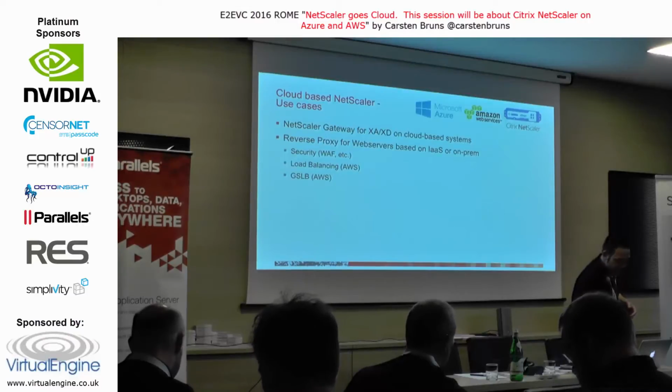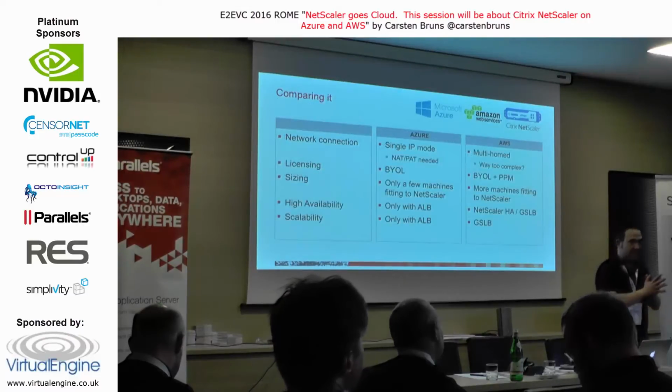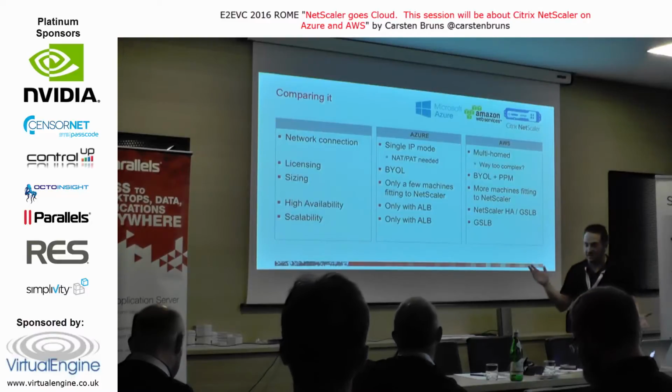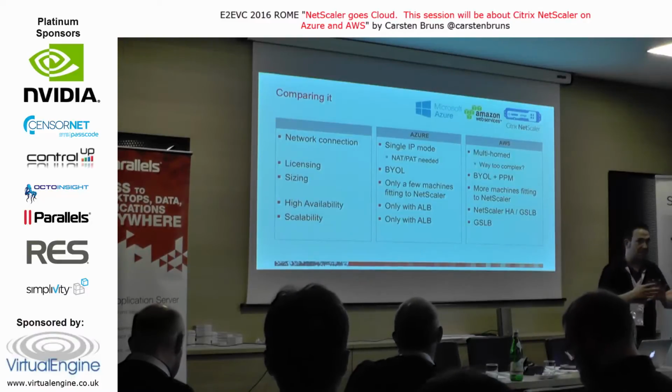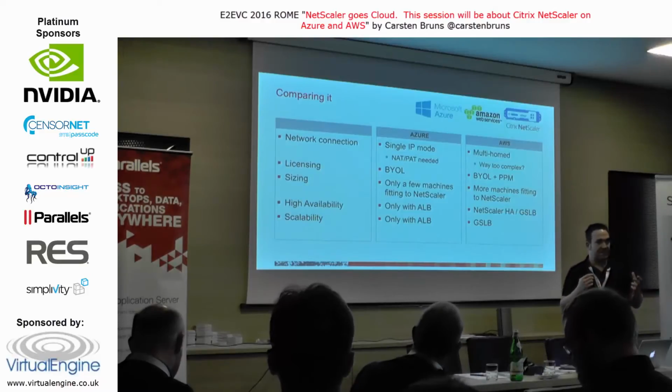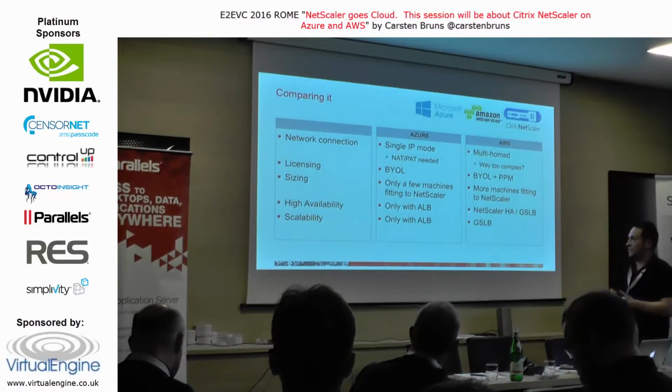The last thing I have is a little bit of comparing it. I've tried, but it's not really working well because you have two different deployment methods. So how to compare two different things? It's really complicated.